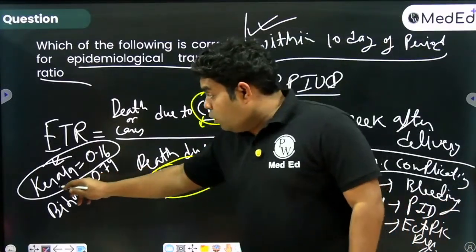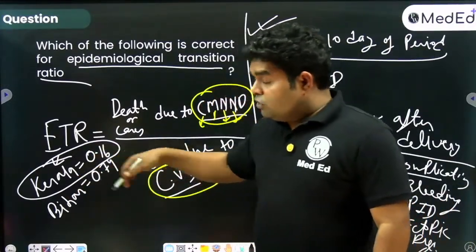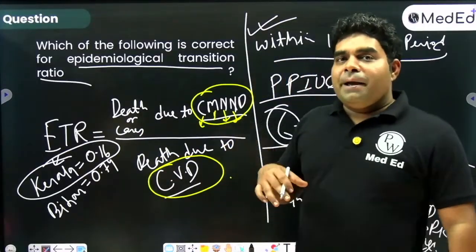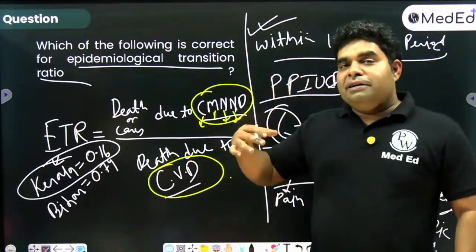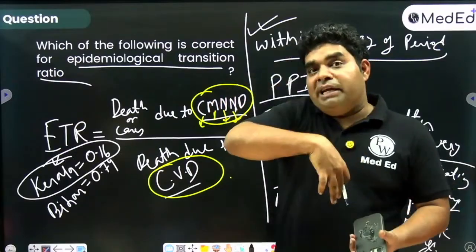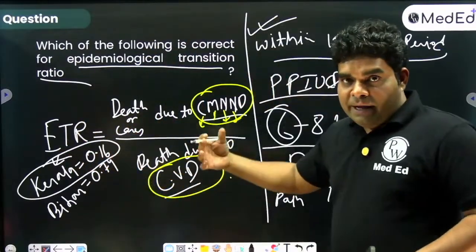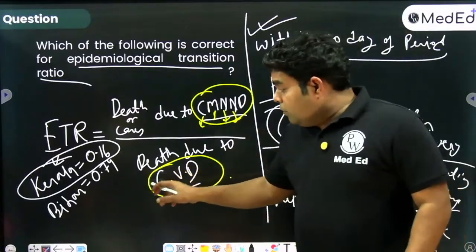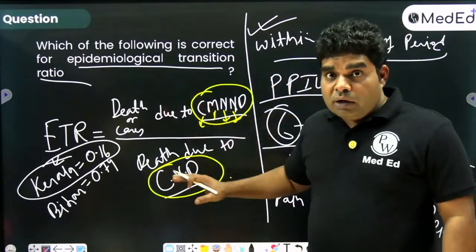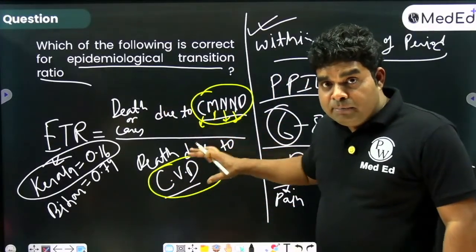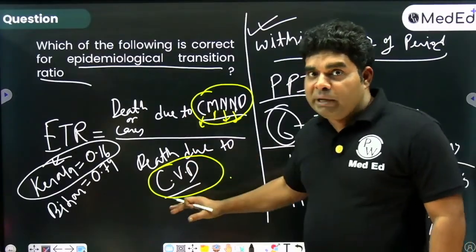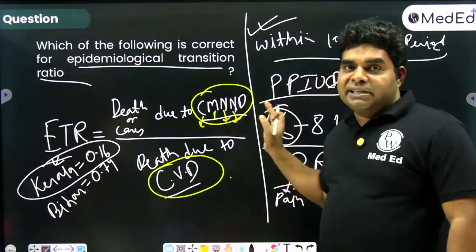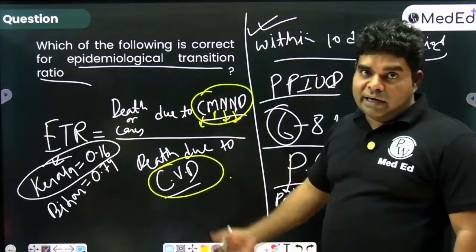Kerala has 0.16, and 0.16 indicates high epidemiological transition, because Kerala has already gone from communicable disease to non-communicable disease. What we usually think is cardiovascular disease should be in the numerator. No, cardiovascular disease like BP, hypertension, diabetes are in the denominator, and communicable, maternal, neonatal and nutritional diseases are the numerator.